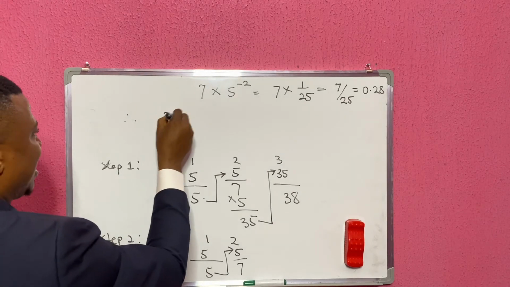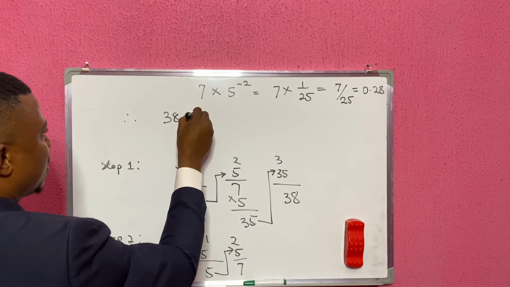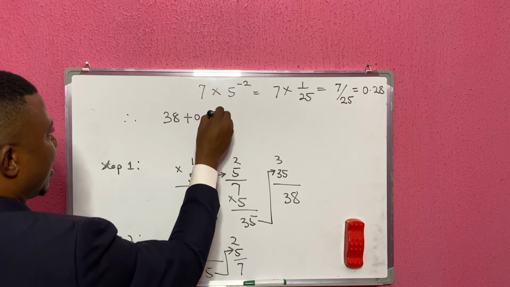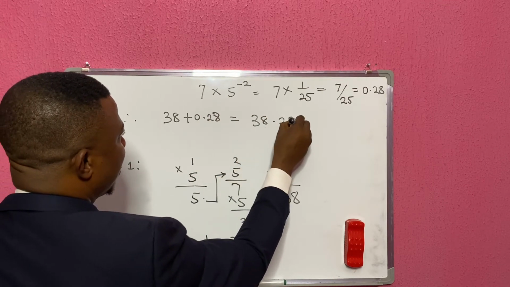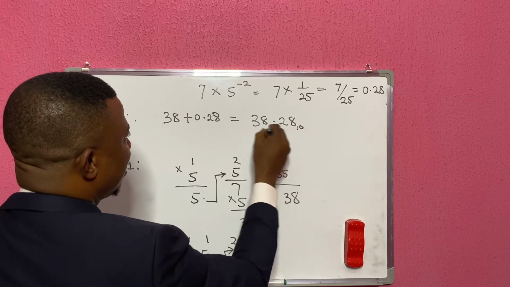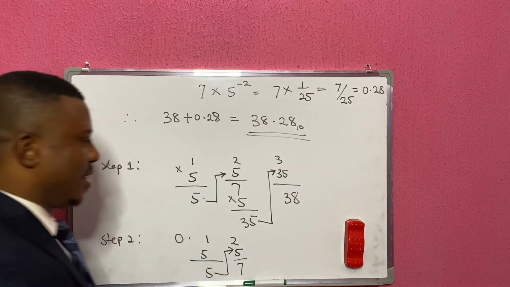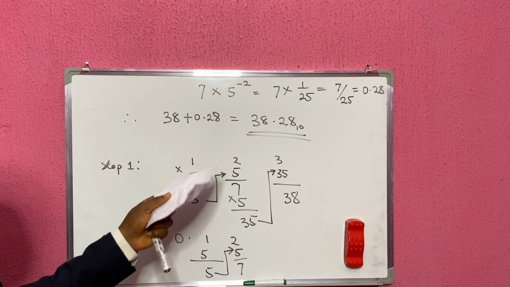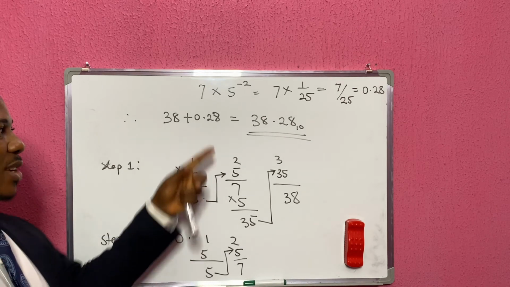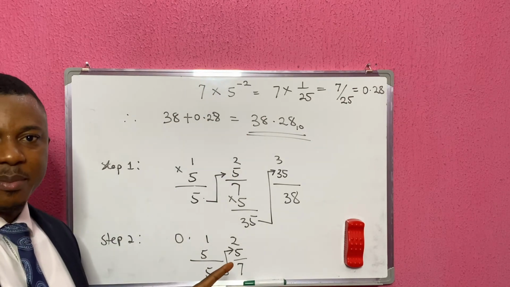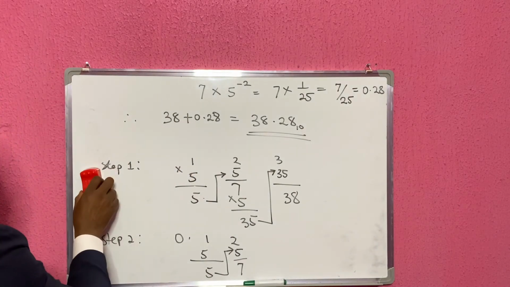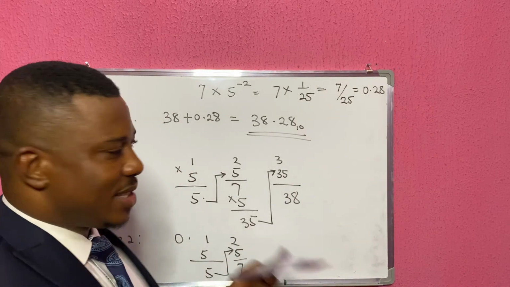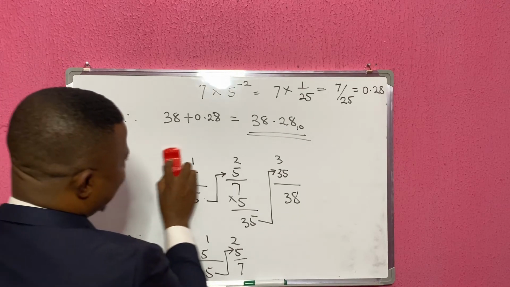That is 38 plus 0.28 will give us 38.28 base 10. That is your answer. If you remember what we did before, the first step and second step remain the same. Okay, maybe another example will throw more light on this for better understanding.